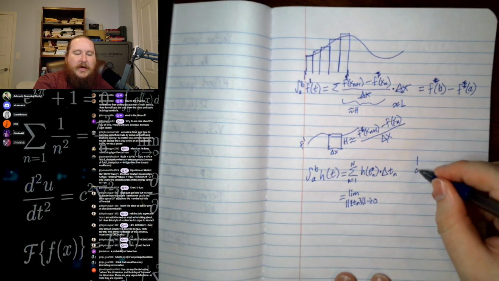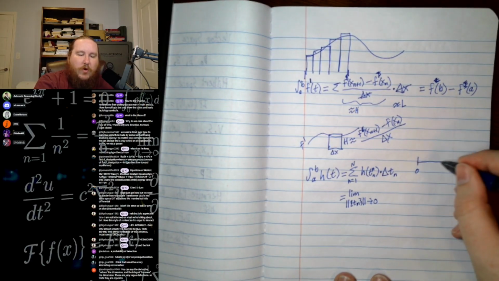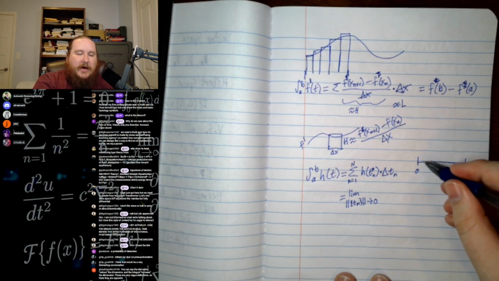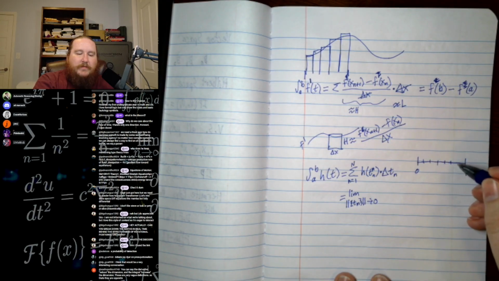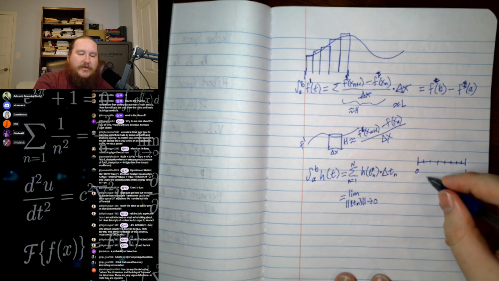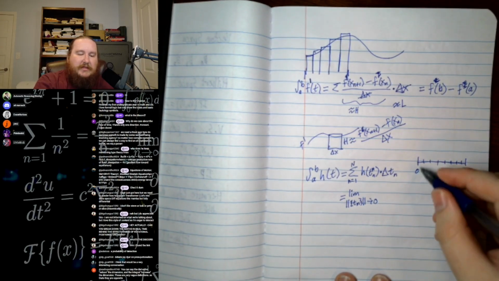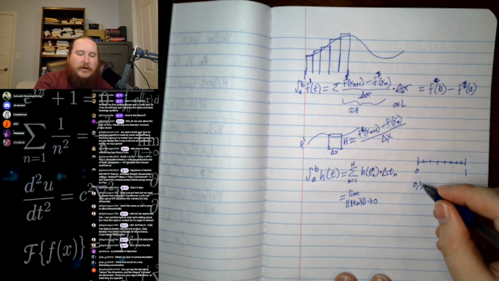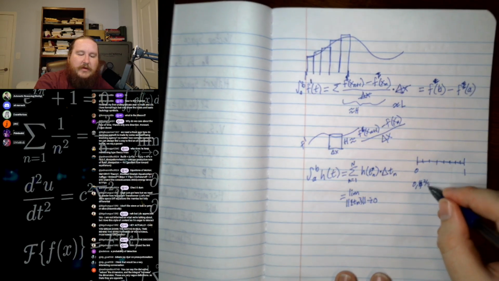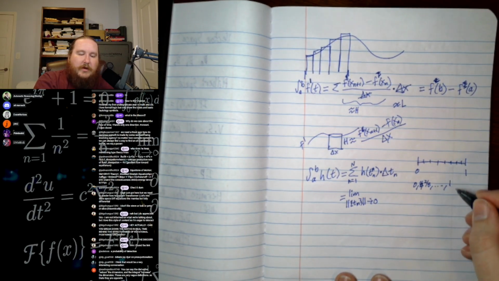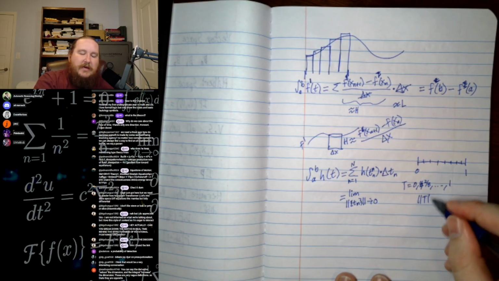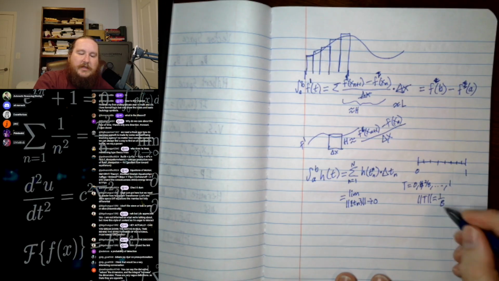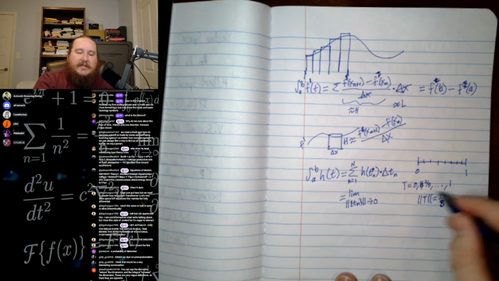So if I have 0 and 1, and then I pick the points evenly, and let's say these are 1, 2, 3, 4, 5, 6, 7, 8, they're eighths. Then the mesh of this set, call it T, is 1 eighth, because it's the greatest distance that you see.